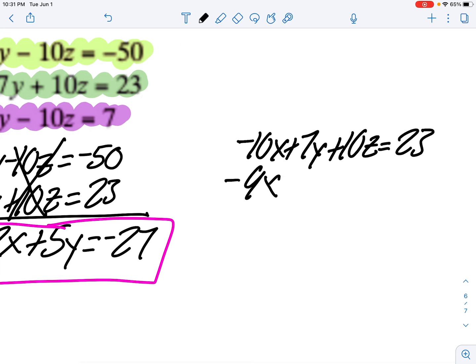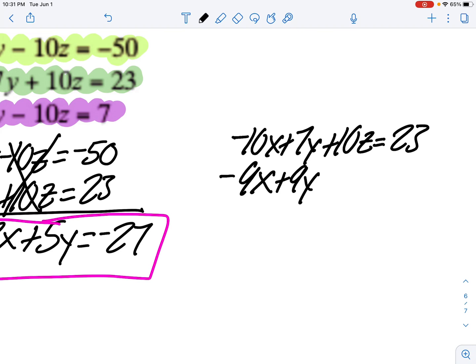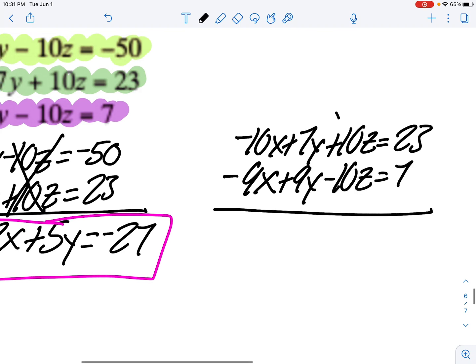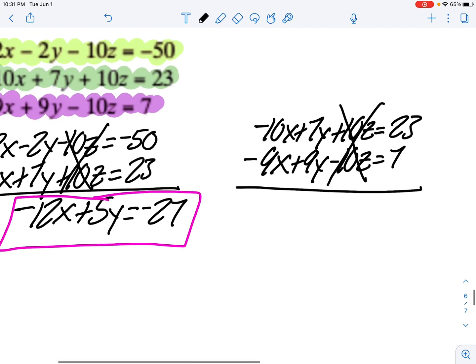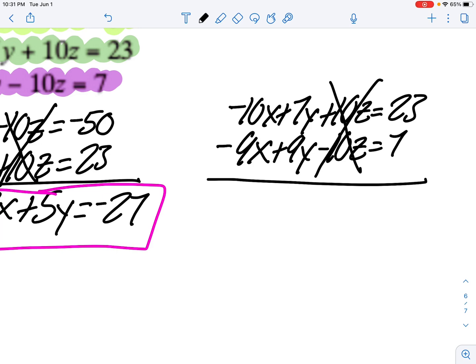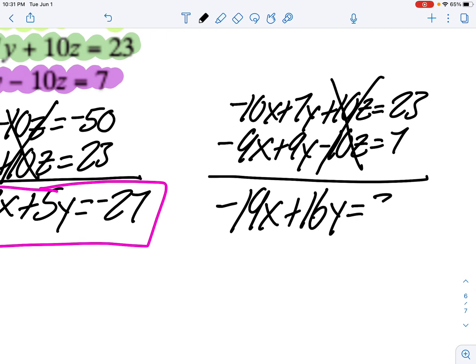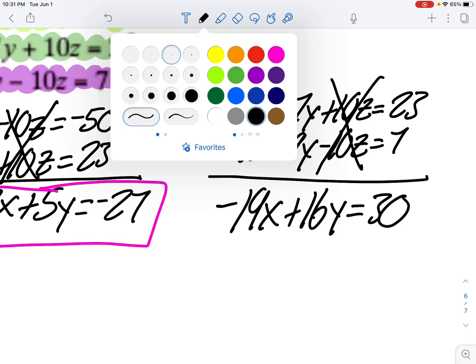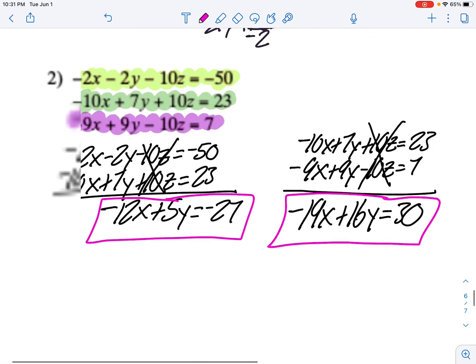And then purple, negative 9x plus 9y minus 10z is equal to 7. And again, look at that. That's exactly what I wanted. So negative 10x and negative 9x is negative 19x. 7y plus 9y is 16y. 23 plus 7 is 30. Okay? And we have those two.